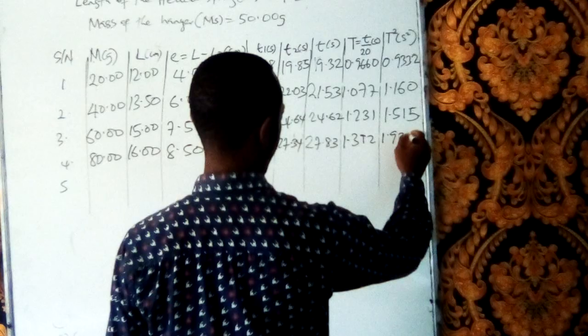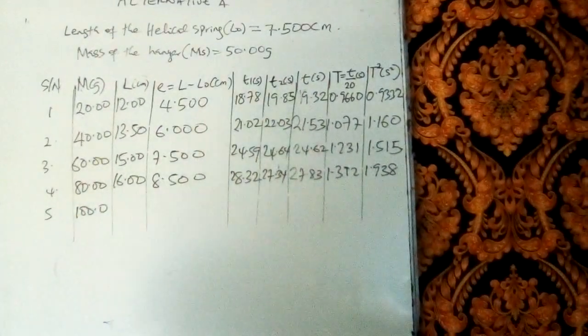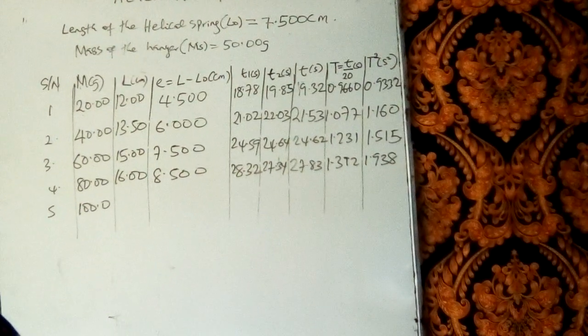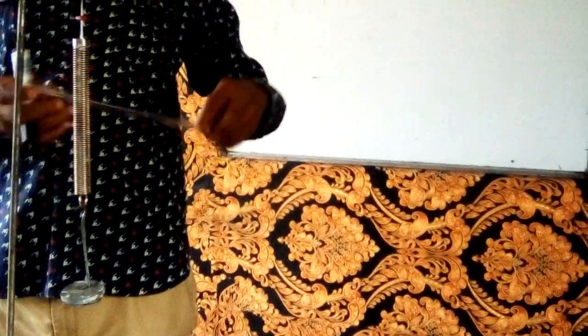So move to the 100-gram mass. So come back. Remove this 80 here, 20 each mass. Move the masses. And then we can replace this 80 grams with a single 100-gram mass. We find the new length of the spring in centimeters.